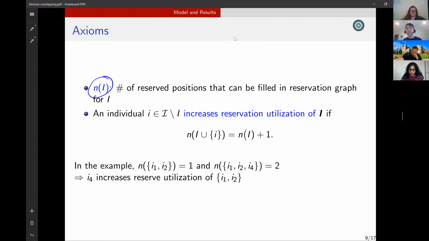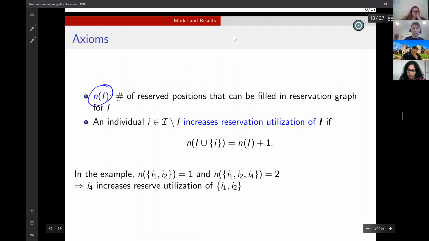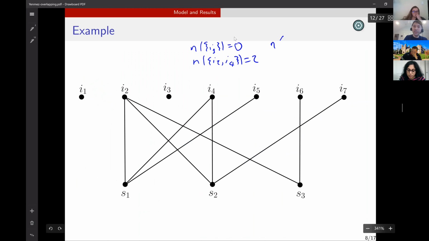And we need the following. An individual i is going to increase reserve utilization of set I if the number of reserved positions that can be filled in I union individual i is 1 more than the number of reserved positions that can be filled by set I, right? So in the previous example, let's go back again. I have a different example in the slide, so let's use that. So n of I1, I2 is 1, right?